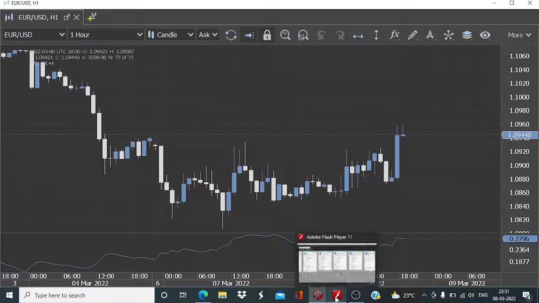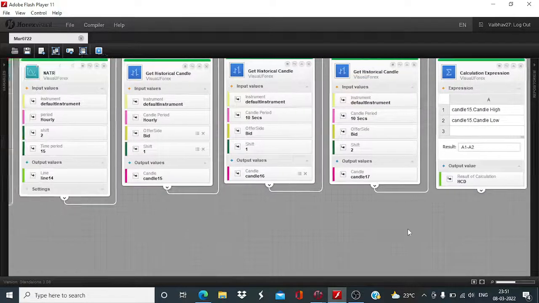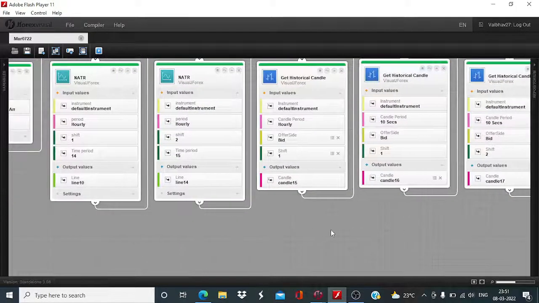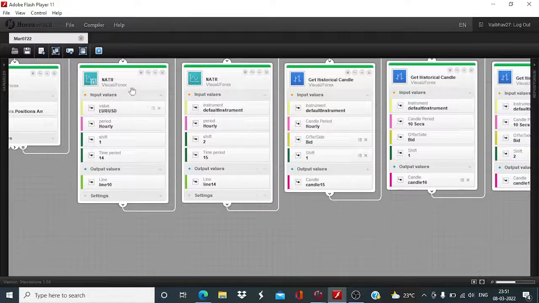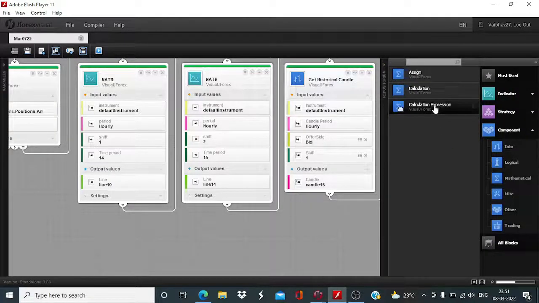So now we head back to the Visual JForex platform, and we will need to carry out a couple of calculations, starting with finding the difference between these two NATR values. So let me now bring in a mathematical component.